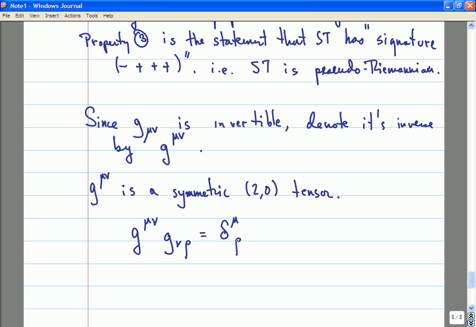This is a 0, 2 tensor, this is a 1, 1 tensor, and this is a 2, 0 tensor. Likewise, the left inverse of a matrix is the same as the right inverse of the matrix. So when you contract either the first or the second indices, you get the Kronecker delta symbol.